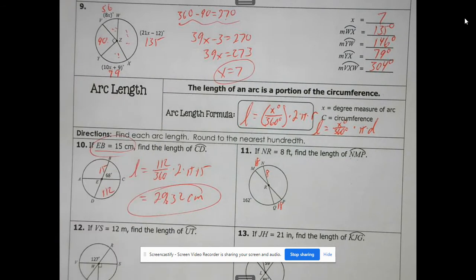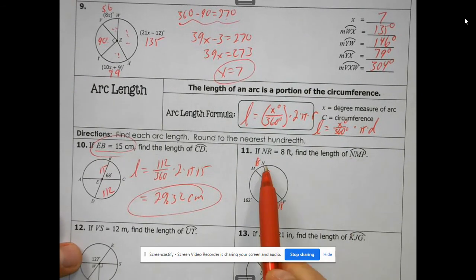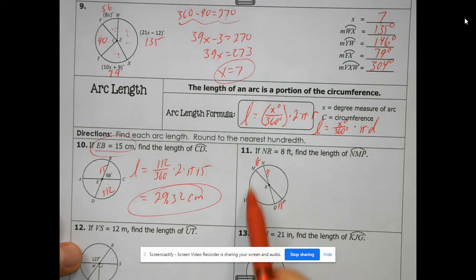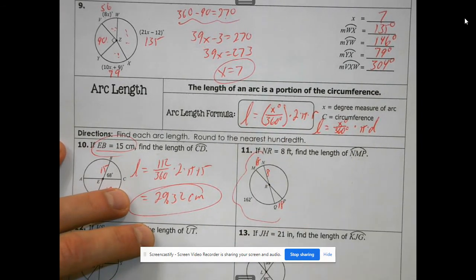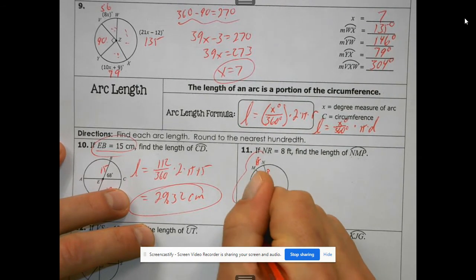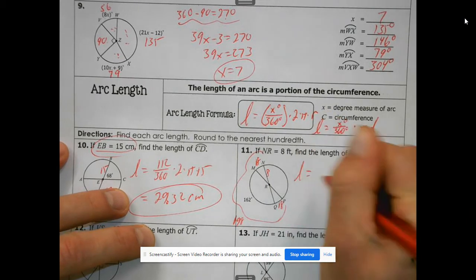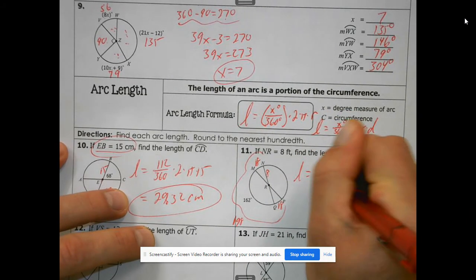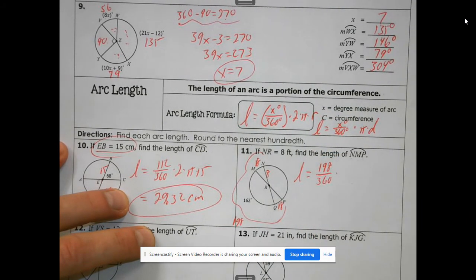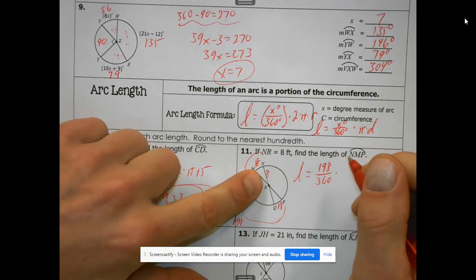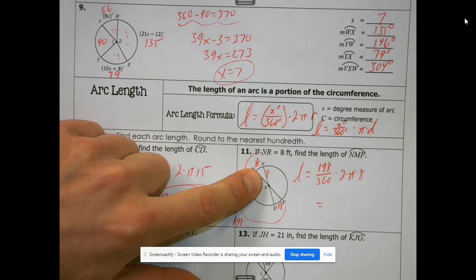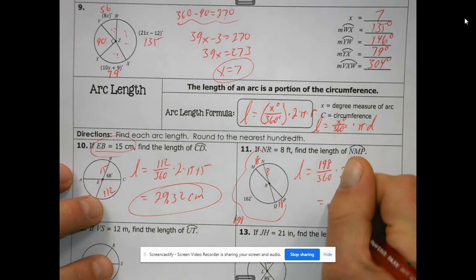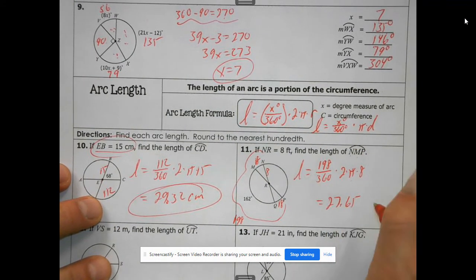It went from N to M to P, so all three of these. If I add up all three of these right here, that comes out to be 198. Okay, formula. Central angle is 198 divided by 360. I have the radius, so 2 times pi times 8. Just type it all in. 27.65 feet.